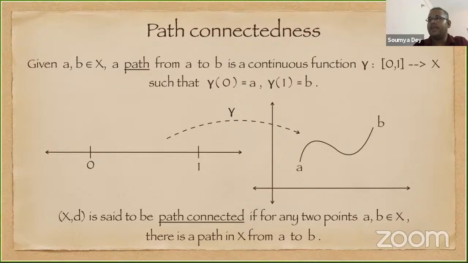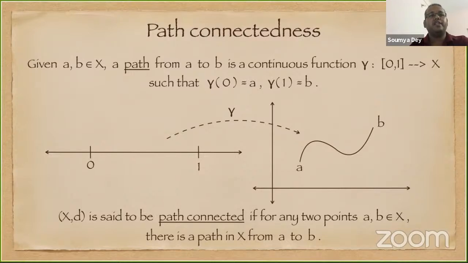All right. So again, we have used continuous functions here, and to define continuous functions, we have used convergence of sequences. So you see why the distance is very important in this case. Let me see the chat. Someone asked a question: can the same set be path connected in one metric and not path connected in the other? Yes, definitely.